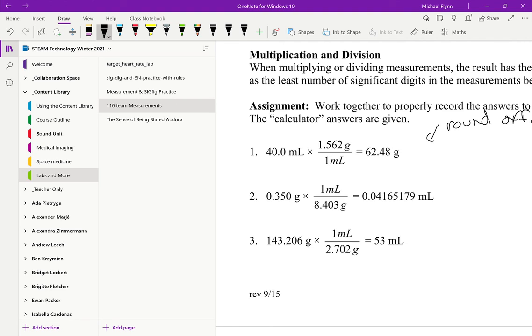And then I also have another lab for you as well. We're going to look at how to do formal lab reports this week, but we'll also have a quiz on significant digits. You can expect that likely on Tuesday, maybe towards the end of the period. And then the other cohort will write it on Wednesday.